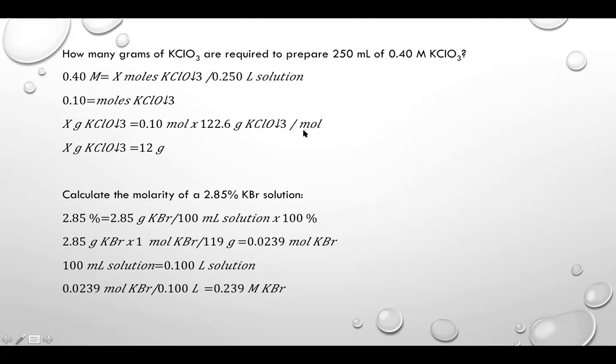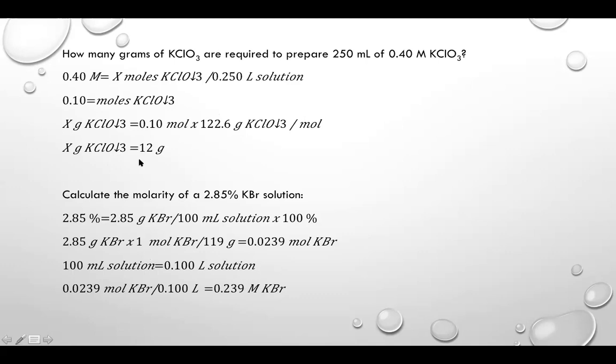And so we can cancel out the moles here, and we're left with grams. And when you multiply 0.10 by 122.6 grams, you get 12 grams. And so that's how you combine everything that we've learned up to this point into one question.